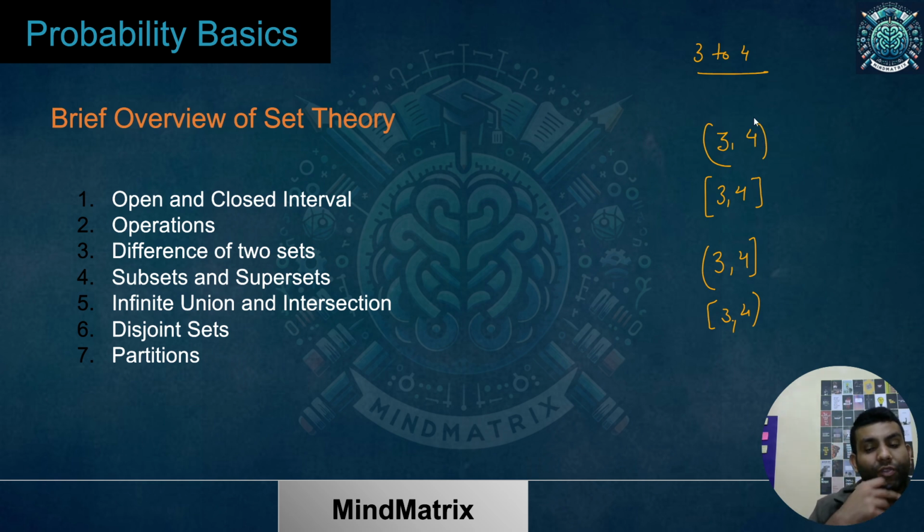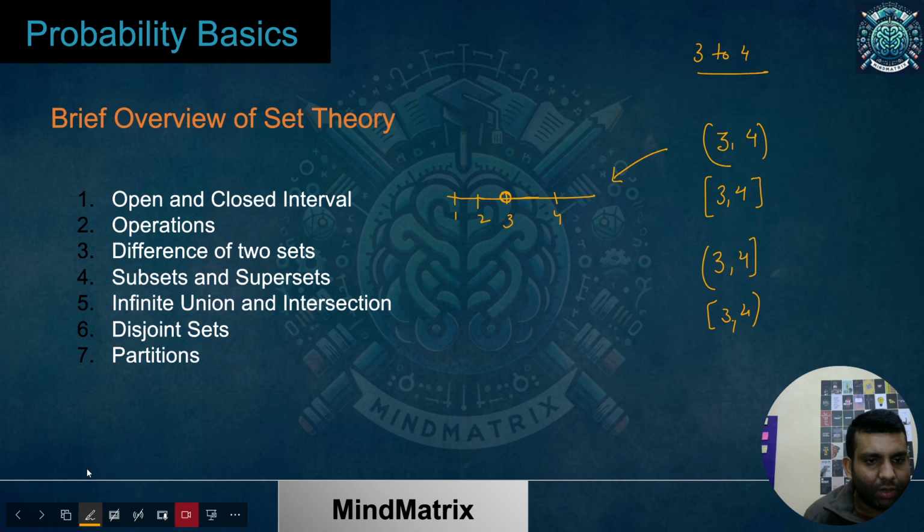So if I talk about this one, let me just draw it. If I have something like this, it's 1, 2, 3 and 4. I'll give you this one's example. Over here we represent it on the number line.